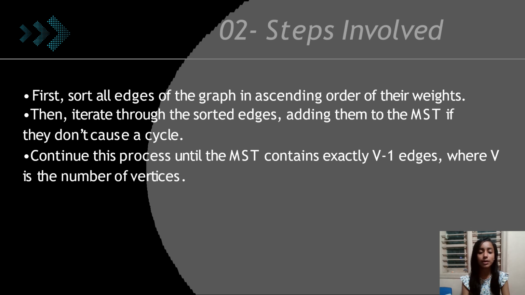This process is repeated carefully, selecting the edges that maintain the acyclic property until the minimum spanning tree contains exactly V minus 1 edges, where V is the total number of vertices in the graph. By adding the smallest available edge that avoids cycles, the algorithm ensures the construction of the minimum spanning tree.